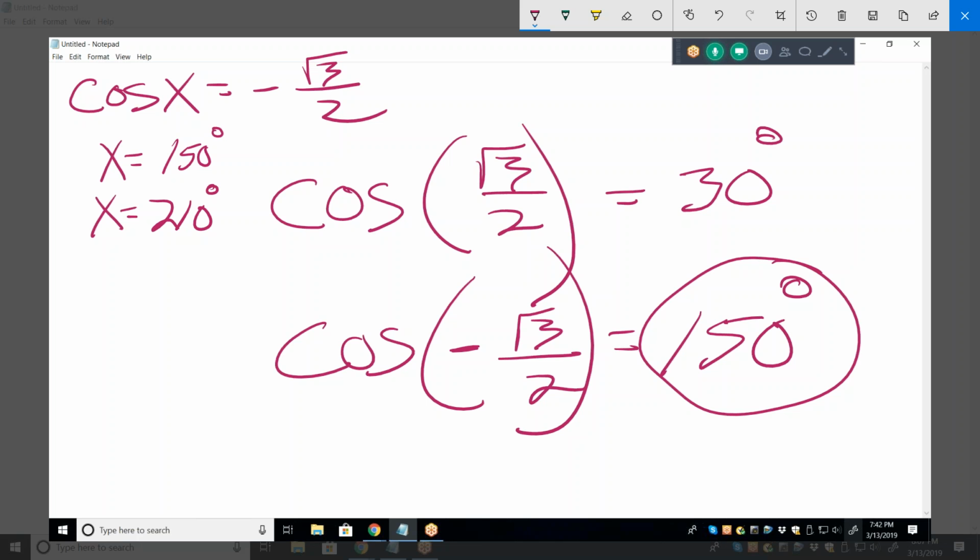But I just put it in my calculator and I didn't get 150 degrees. Are you still in radian mode? No. You switched it to degree mode? Yeah. What'd you get?